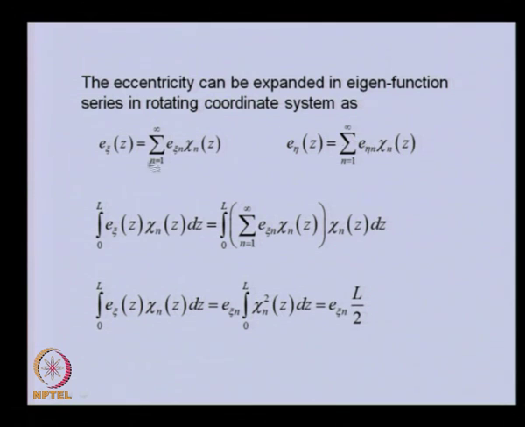If we take one of the equations like this one, we multiply this by eigenfunction on both sides, and then we integrate over the domain. Generally we multiply by an eigenfunction which is different as compared to the previous one.